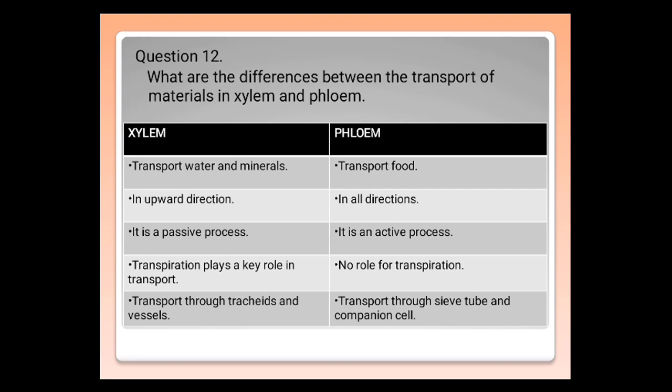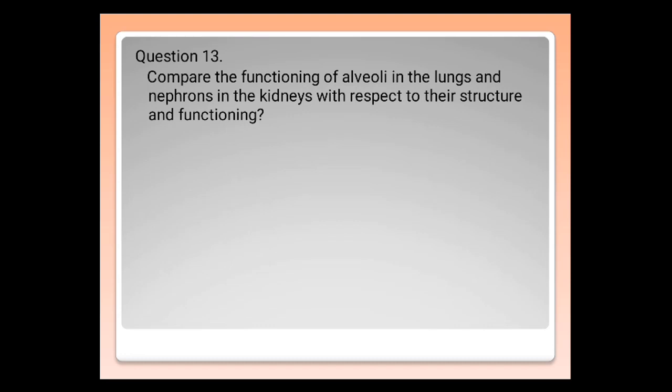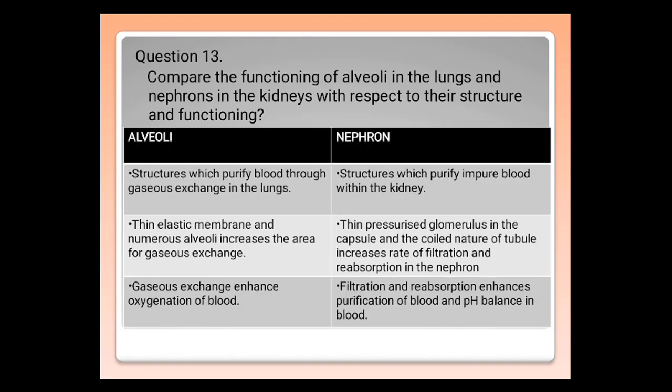Moving on to the last question. Compare the functioning of alveoli in the lungs and nephrons in the kidneys with respect to their structure and functioning. Answer. First, let's compare structure. Alveoli are structures which purify blood through gaseous exchange in the lungs, whereas nephrons are structures which purify impure blood within the kidney.